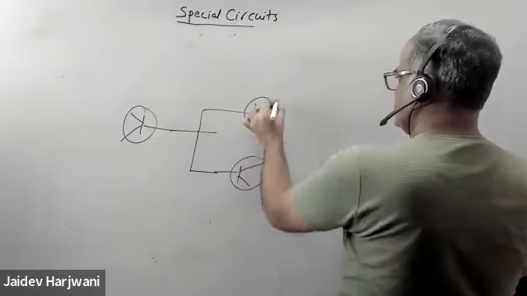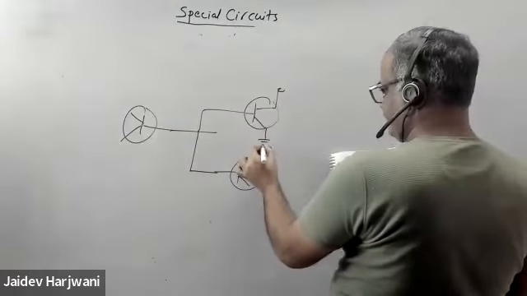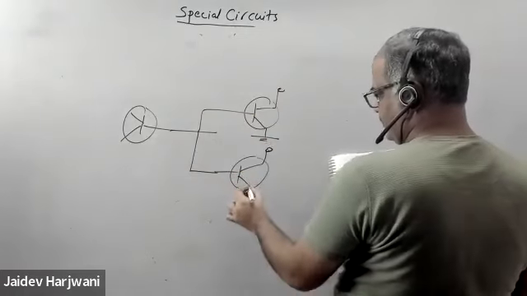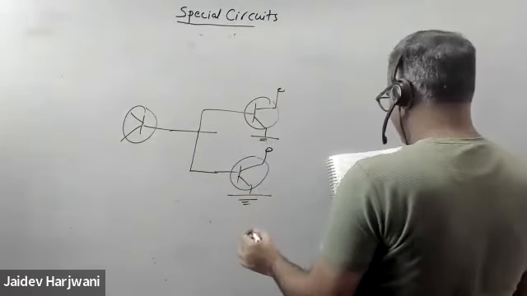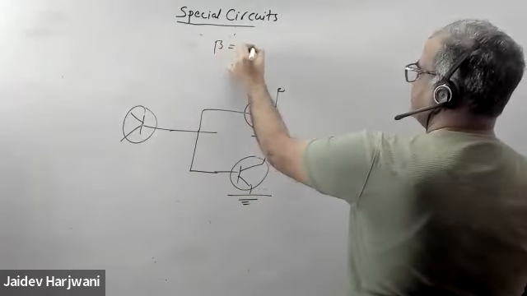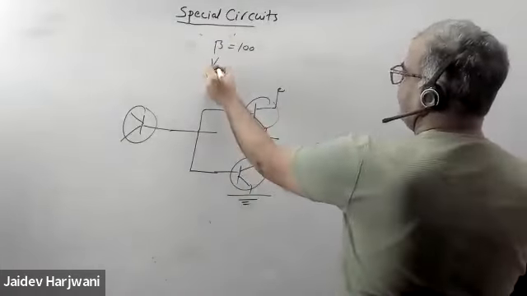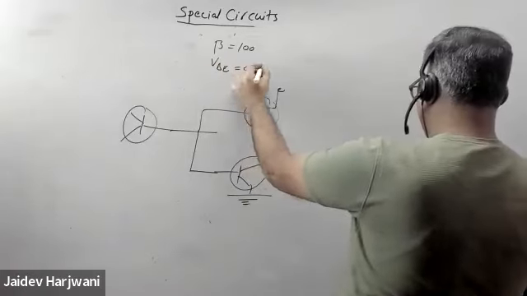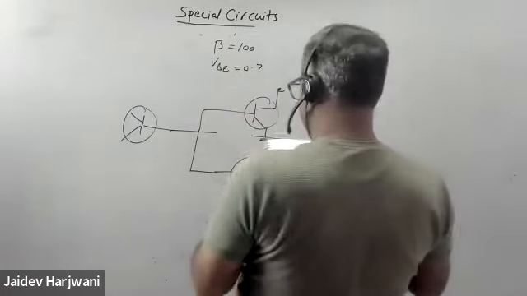This transistor. Beta is 100 for each transistor. In the question you can take VB as 0.7.